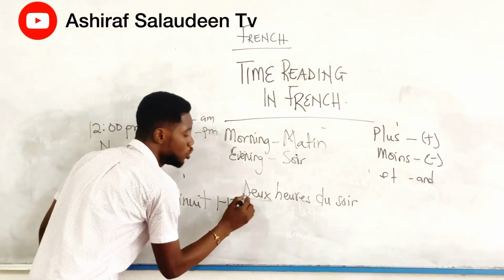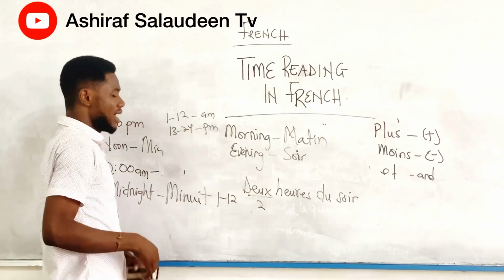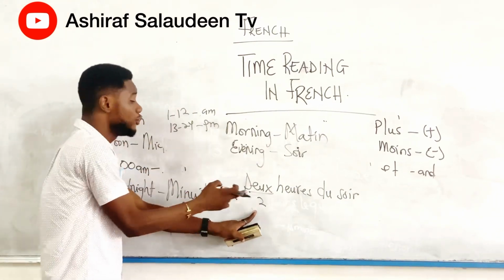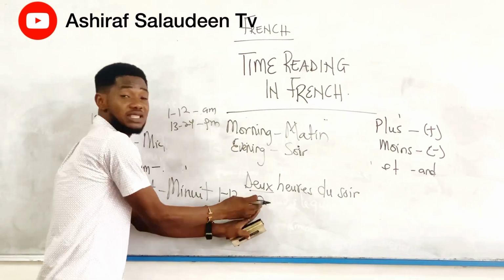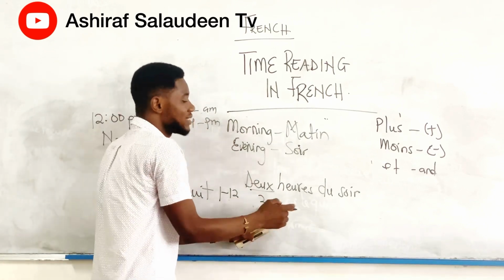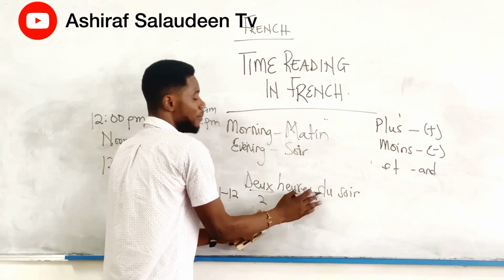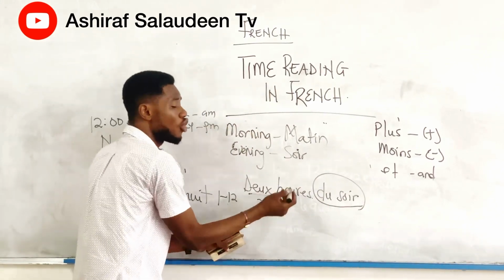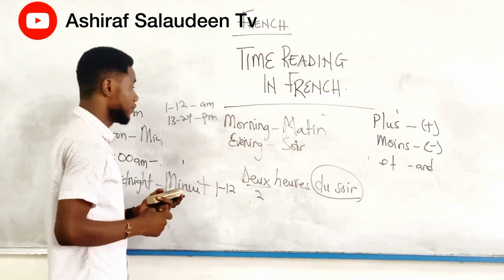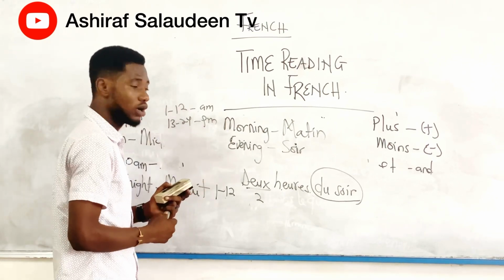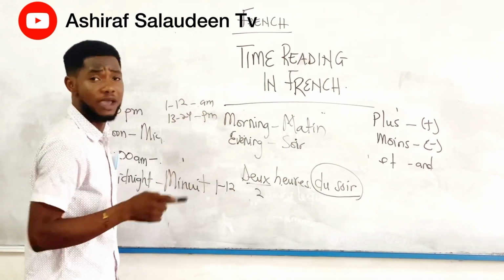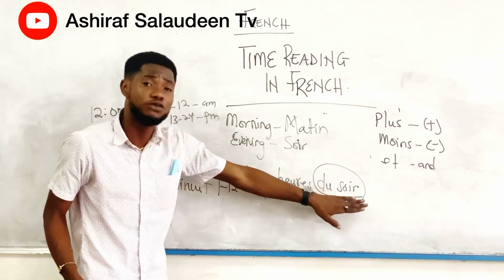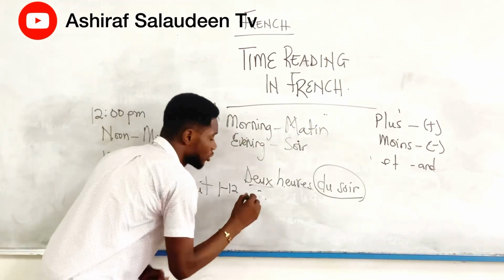But if you see deux is 2, and you know that the moment it is 2, then it is AM. If it was PM, then we're going to say 14. But the person didn't stop here. The person said du soir, which means 2 o'clock of the evening time. Soir is evening. Okay, so there is no 2 AM evening time. So this is another way they can confuse you. So this is the same as 14.